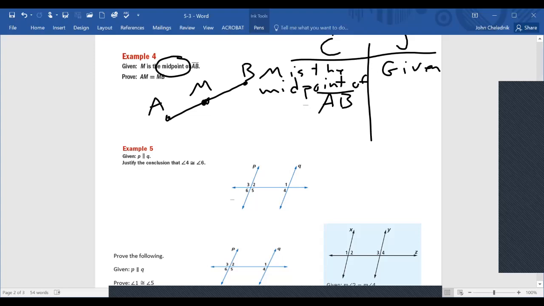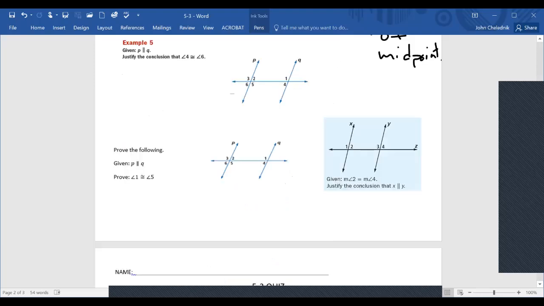Midpoint means that it's right in the middle of the segment, okay? So it's because of that word that we know AM equals MB. Whenever it's because of a specific word that you know something, it's because of the definition of that word. It's the definition of the midpoint that tells us that, okay?